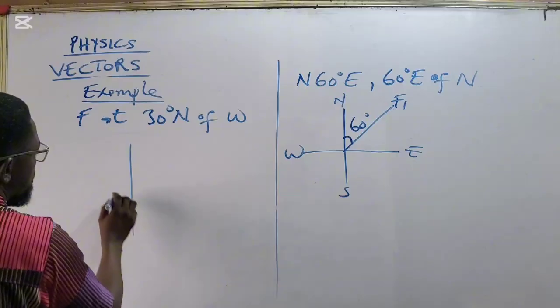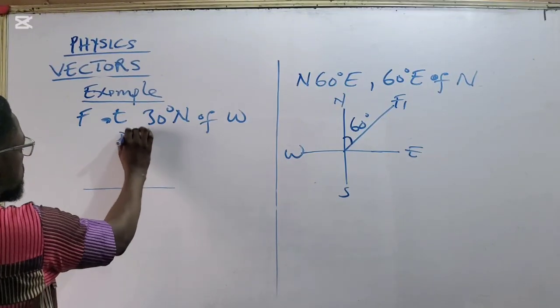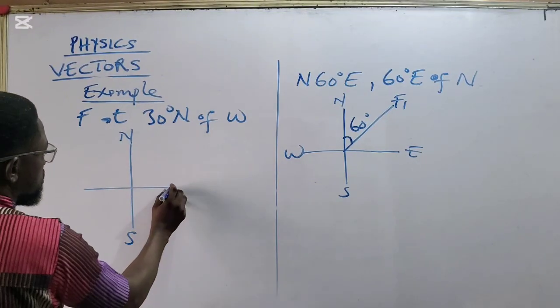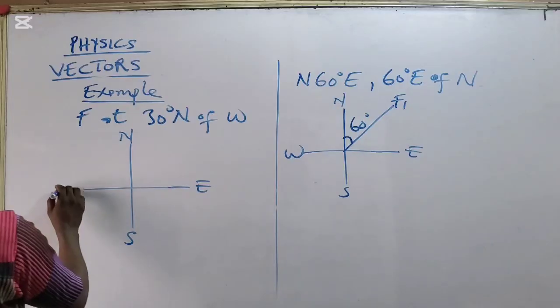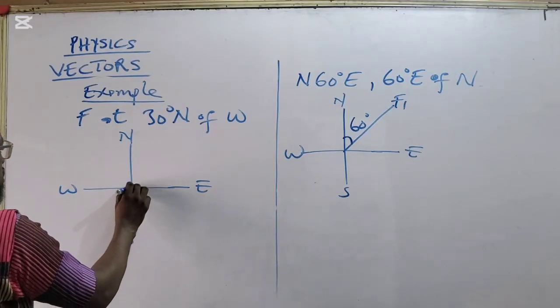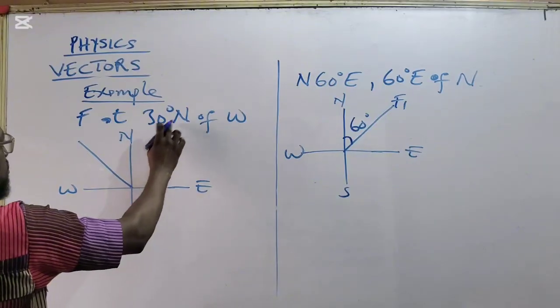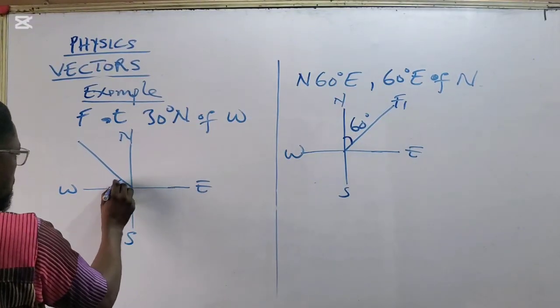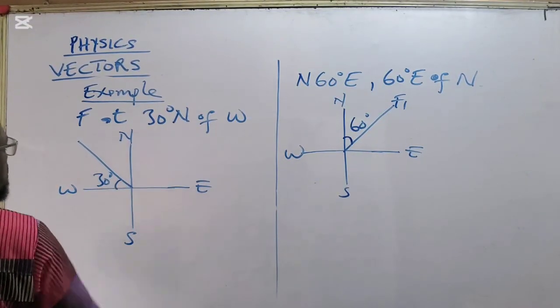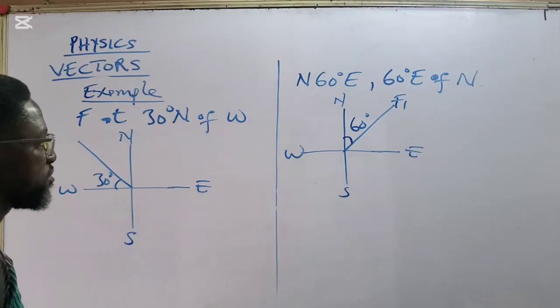We're drawing the diagram. There's the north, here's south, here's east, and here's west. We have something like this between north and west. The 30 degrees north of west means the angle is going to be here. That's what 30 degrees will be.